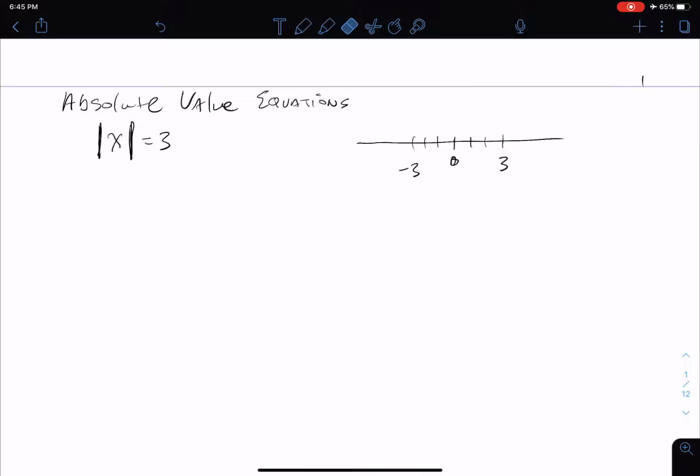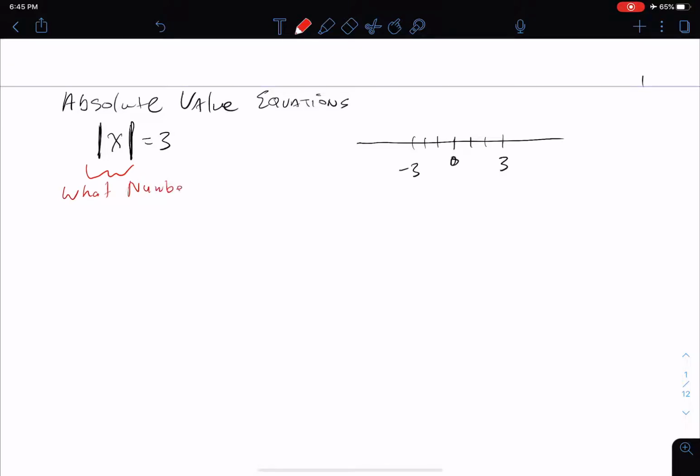So what this says, when you see this symbol, is absolute value. But it means, one definition says, a distance a number is from 0. So the definition of an absolute value is a distance a number is from 0.